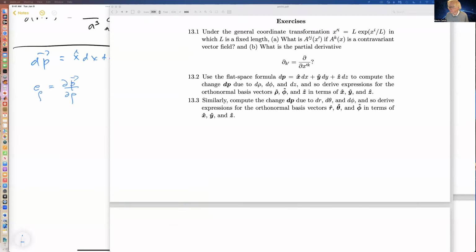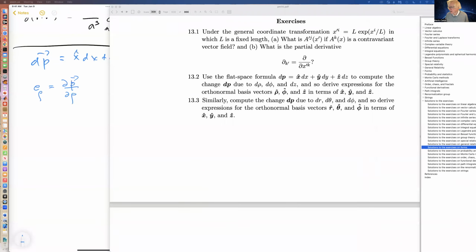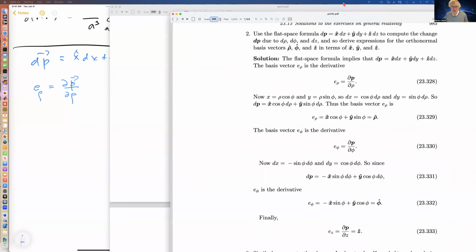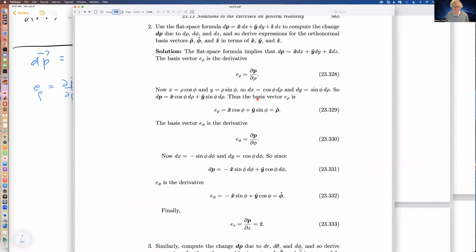In fact, maybe instead of copying this on the screen, I'll just sort of show you the solution. So the basis vector E rho is the partial of P with respect to rho.